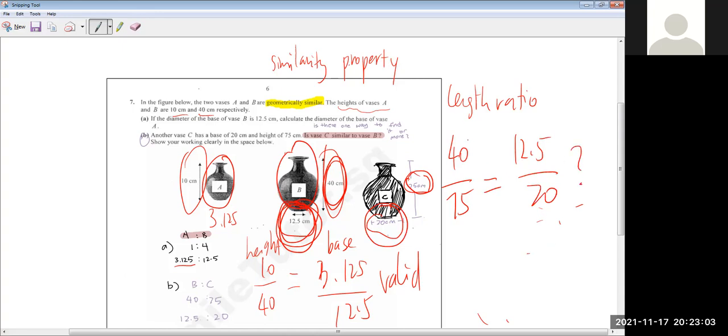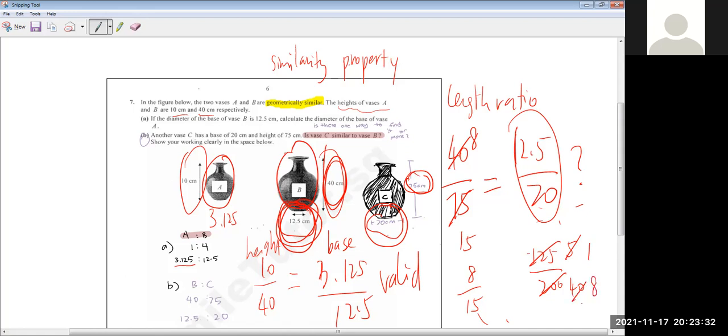So you just ask yourself whether these two are equal or not. So let me do it quickly. You divide by 5, you get 8. You divide by 5, you get 15. So it's 8 over 15 for the height ratio. And then over here, I need to times 10, to make it whole number, divide by 5. Okay, I think I can divide by 25. Let me quickly check, because I'm using mental calculation.